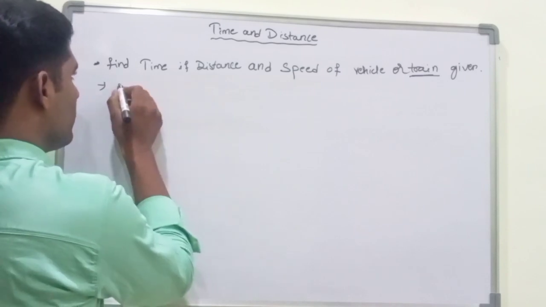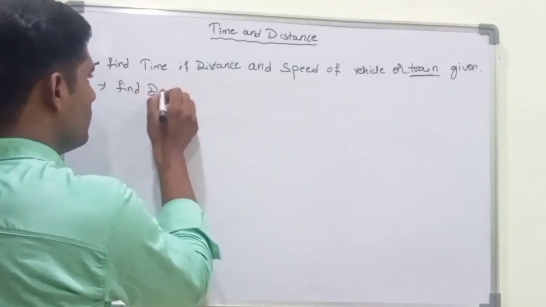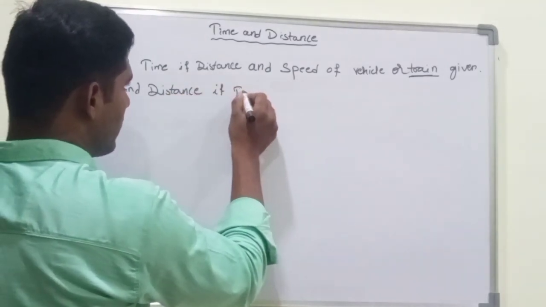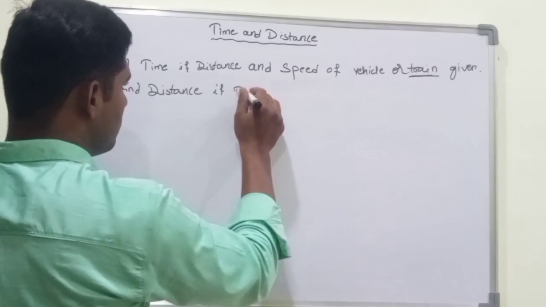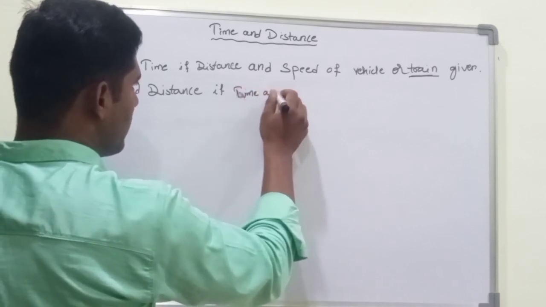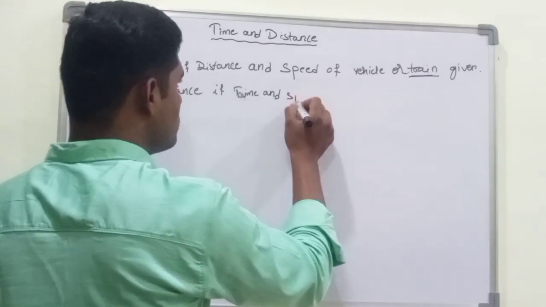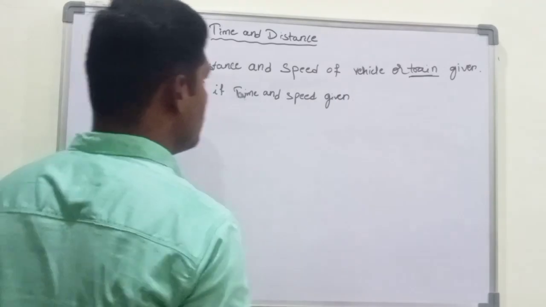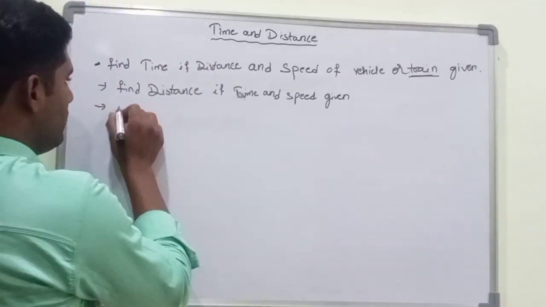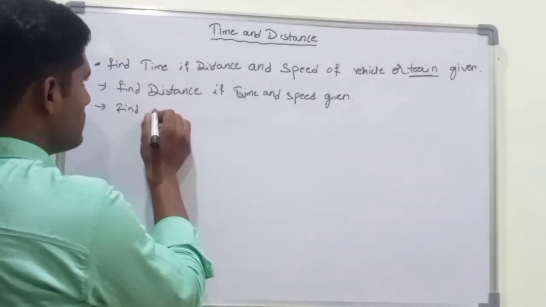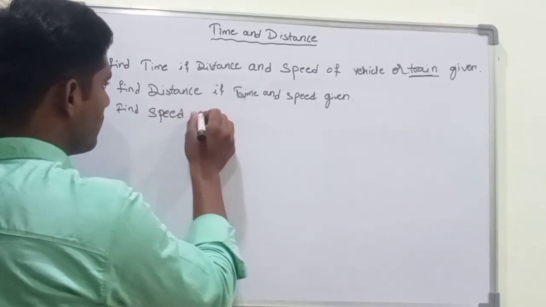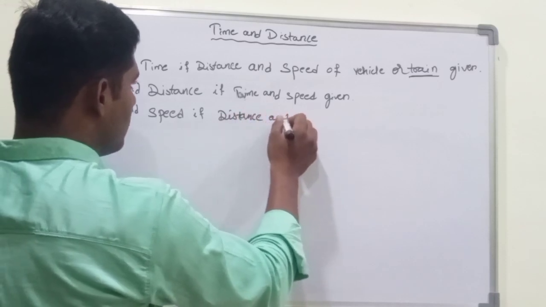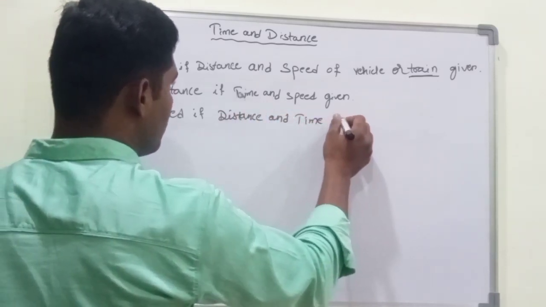Then we have to find distance if time and speed are given, and we have to find speed if distance and time are given.